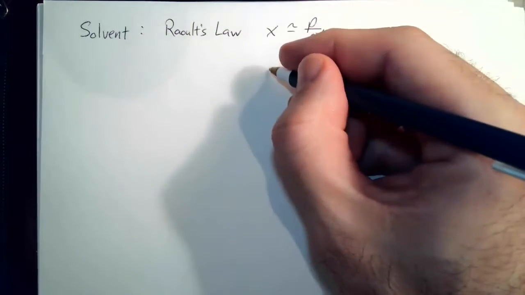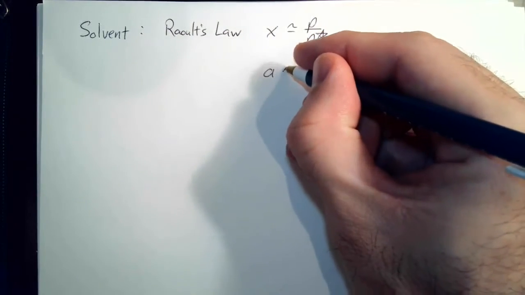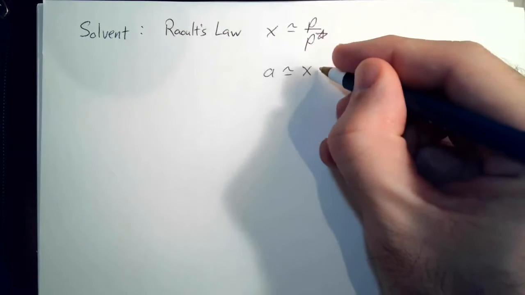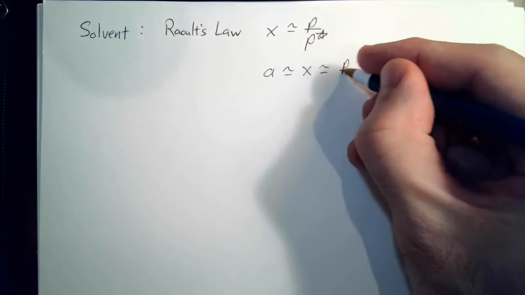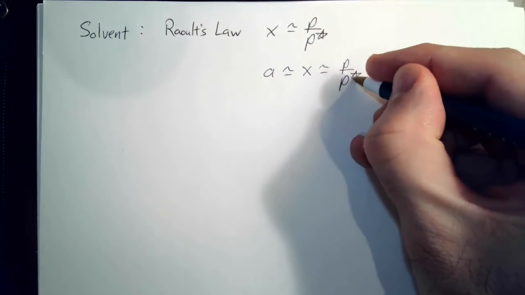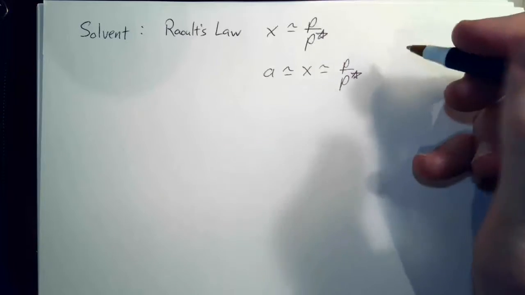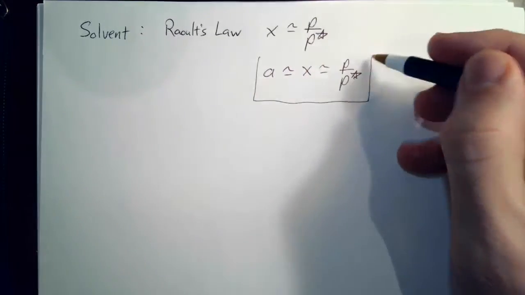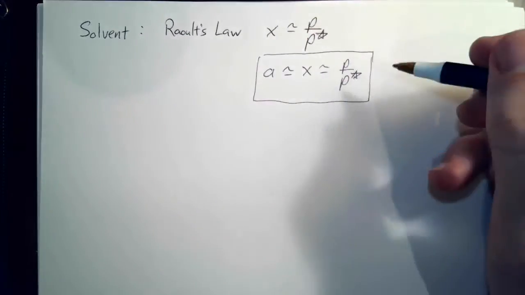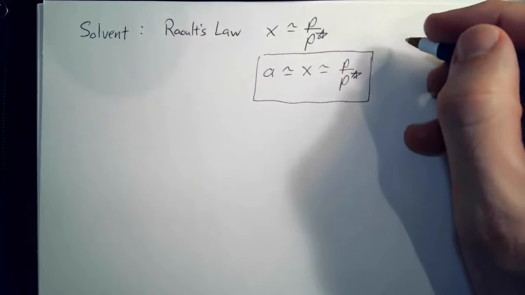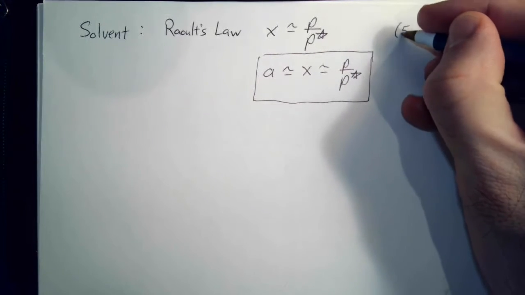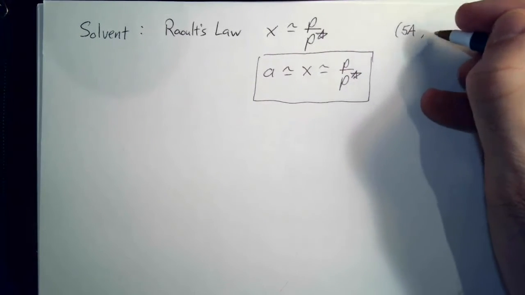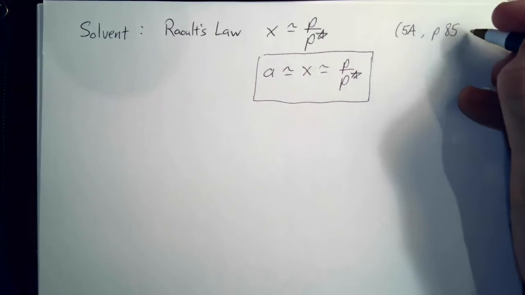And A is an approximation for X, which is an approximation for P over P star. So we're going to use this as our estimate for the activity of a solvent. And for more info, you can refer back to chapter 5A, page 85 of the notes.